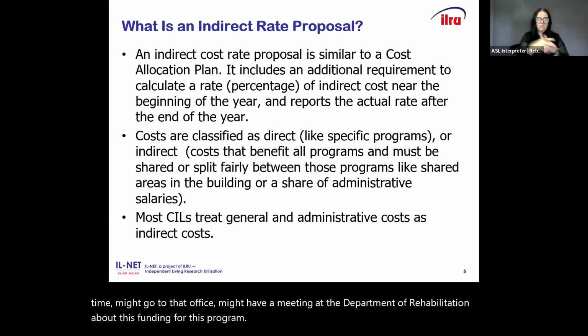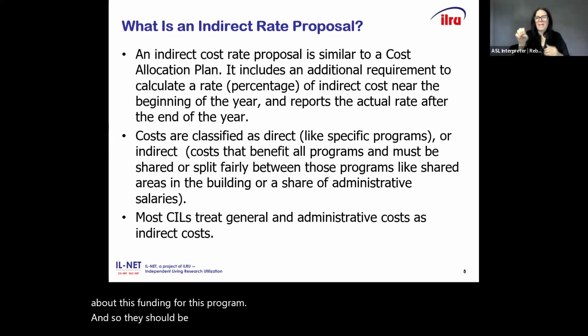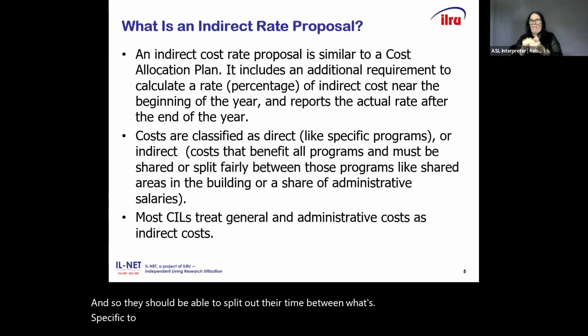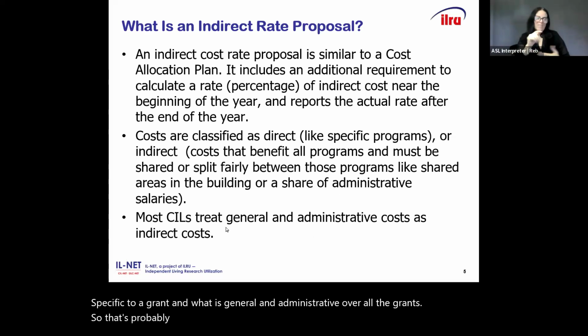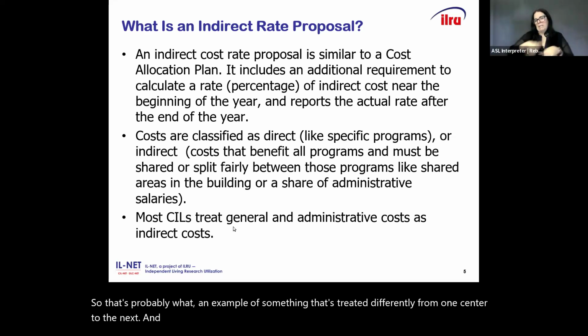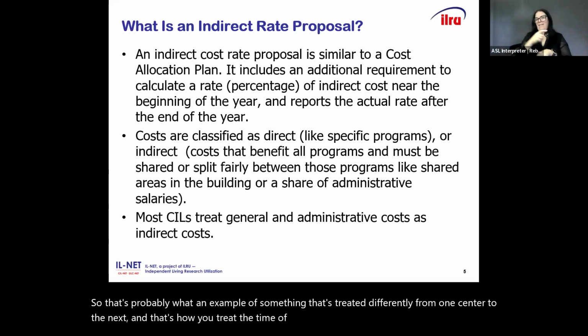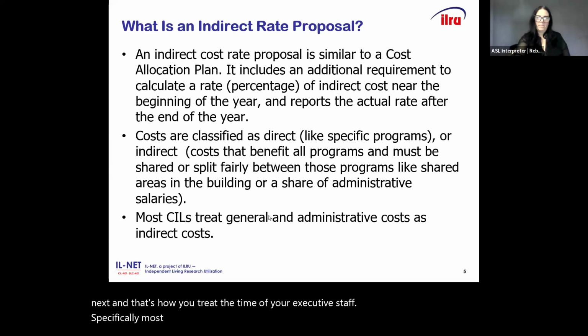And so they should be able to split out their time between what's specific to a grant and what is general and administrative over all the grants. So that's probably an example of something that's treated differently from one center to the next. And that's how you treat the time of your executive staff, most specifically the executive director, but sometimes some of your other administrative staff as well.